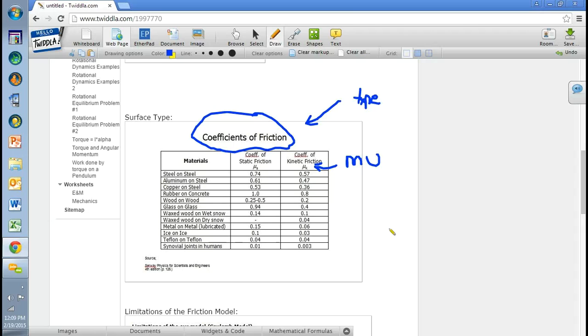What do you think the mu would be close to if there's a lot of friction? There you go. It's going to be close to 1. And if it's very slippery, there's hardly any friction whatsoever, it would be close to 0. There you go. So any questions?